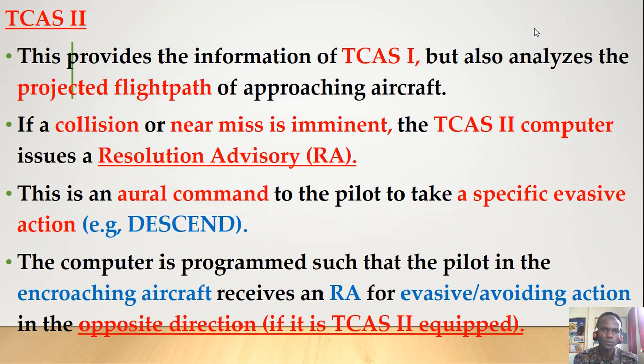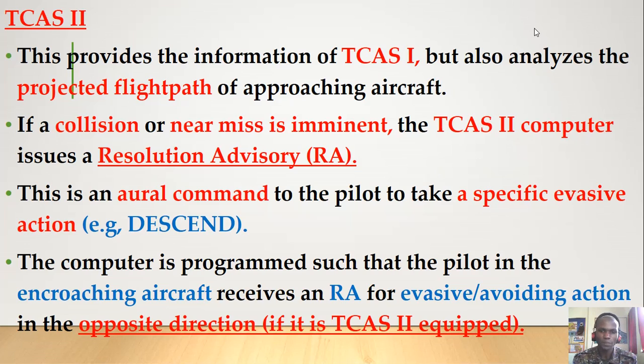TCAS 2 provides the information of TCAS 1 but also analyzes the projected flight path of approaching aircraft. If a collision or near miss is imminent, the TCAS 2 computer offers a resolution advisory. This is an order command to the pilot to take a specific evasive action. For example, descend.